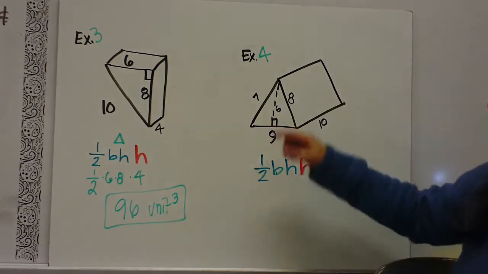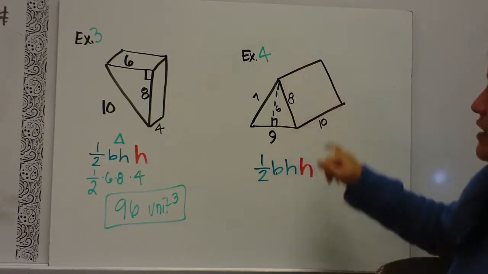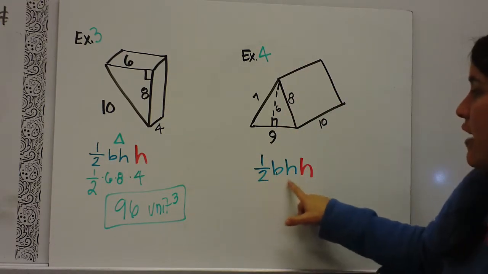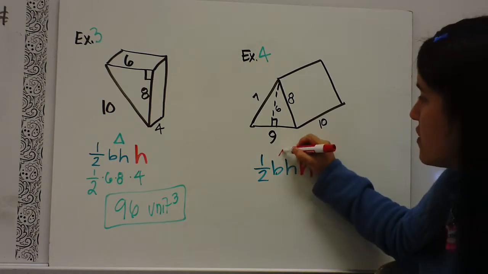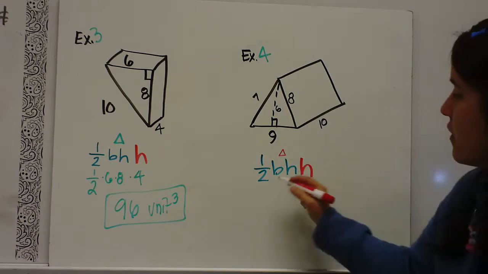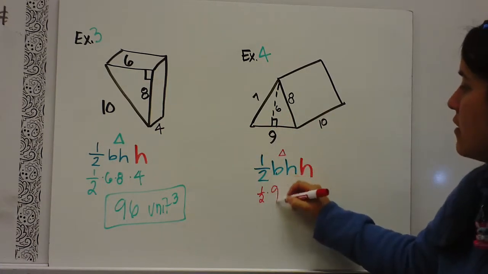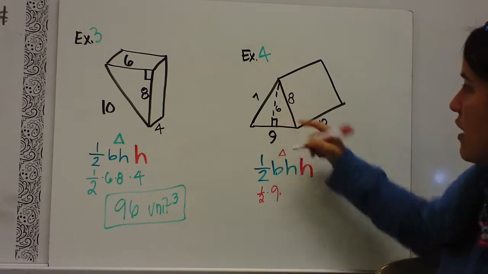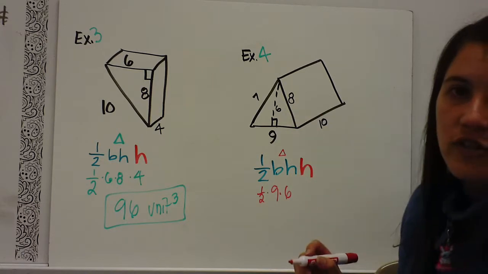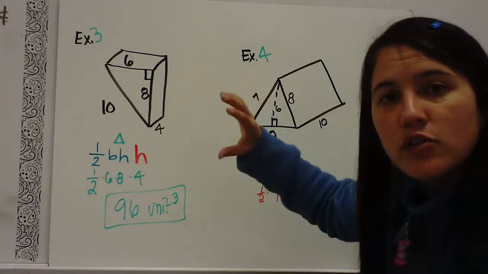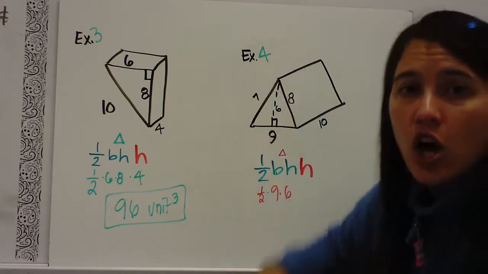On this triangular prism, I have lots of numbers. So first let's start with the formula, 1/2 BH times H. This first BH comes from the triangle. The base of the triangle is 9. The height of the triangle is 6. Remember, you have to use the right angle. Now I need the height of the prism. If we took this prism and we turned it on a triangle, how tall would it be?